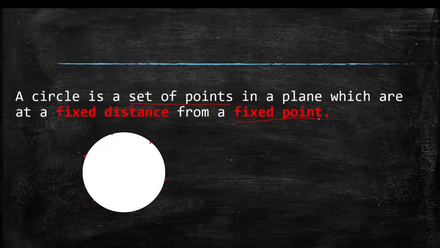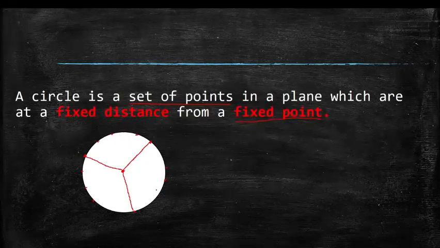Let us find out this fixed point. Let us see, this is a point. Now let us find out the distance of these points from this fixed point. It is this, another point, this, another point, this. So we are saying that this distance is fixed and this point is fixed. When we are getting all these points and connecting them, what are we getting?